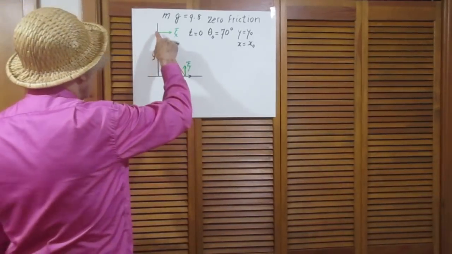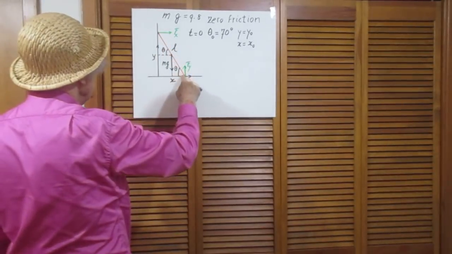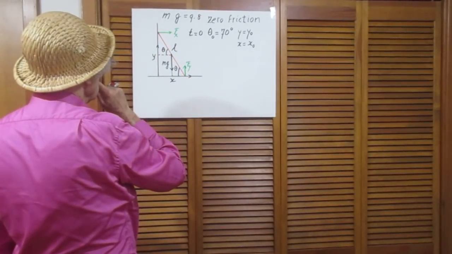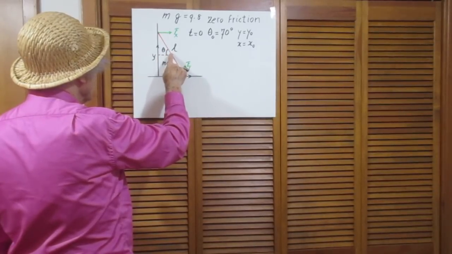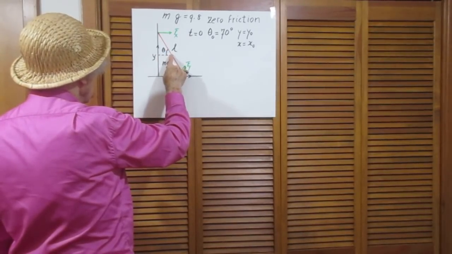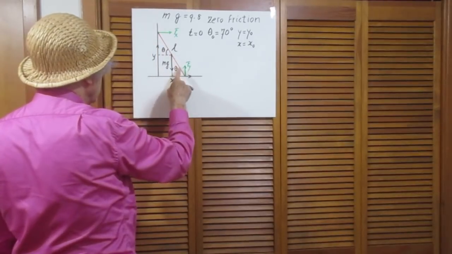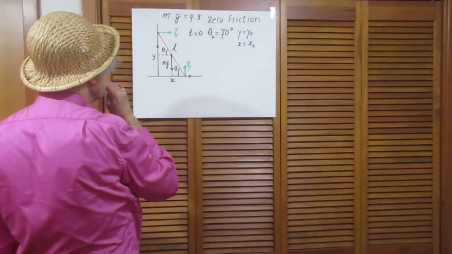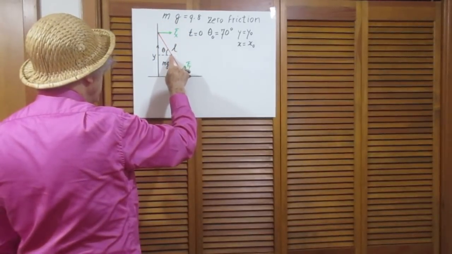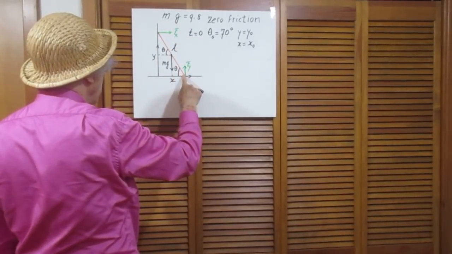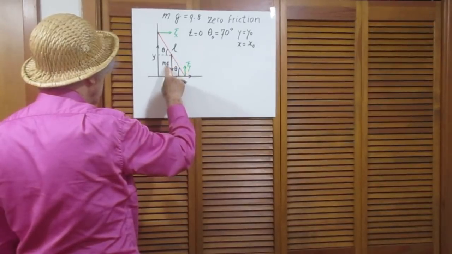The length of that rod is L, and this is the center of mass of the rod, and the angle here is theta, so the angle here is also theta. It has a mass M, so at the center of mass, in the middle of L, is a force down, mg.